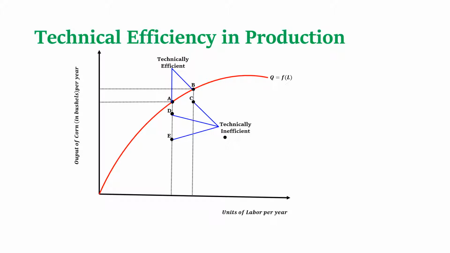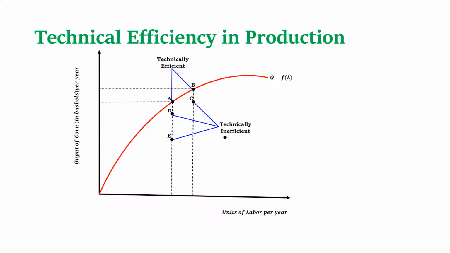He has the needed amount of output to produce at point A and point B. But he's not producing at point A and point B, probably because of mismanagement or some other factors. So this all resulted in the production of output that is below what the farm is capable of producing. So at points C, D, and E, the farm could have done more.